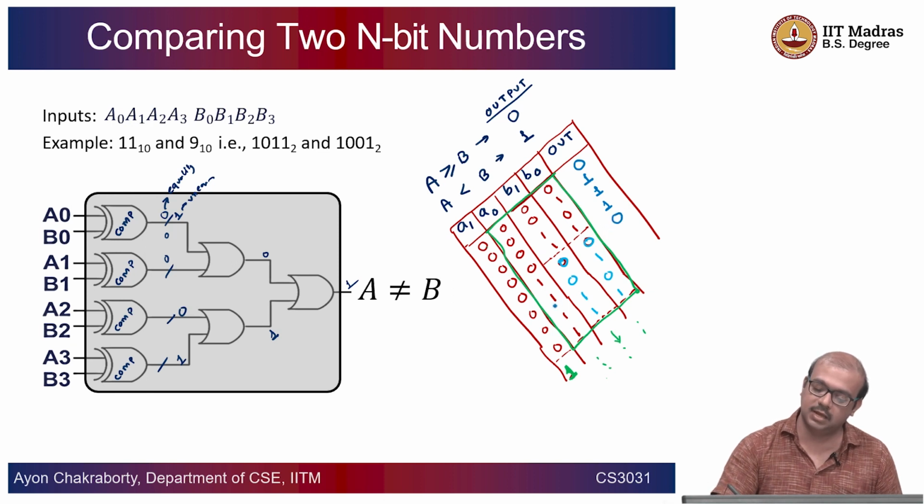The next case A is 1, but B is also 1, right. If A and B are equal, we are going to put 0. Next case is A is 1, but B is 2. So, this is going to be B greater than A. So, 1. In the next case B is 3, but A is 1. Okay. So, this is 0 1 0 1 0 1 0 1, right.